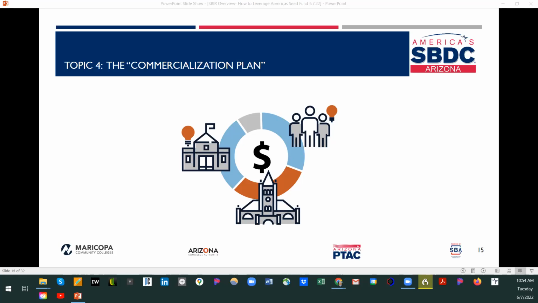It says, do you need a science degree to participate in the SBIR program? Absolutely not. You don't need any degree to participate in the SBIR program. But one of the things you will have to do, when you apply for whatever SBIR you apply for, is list who's going to be the principal investigator and who the other individuals involved with your SBIR program are.